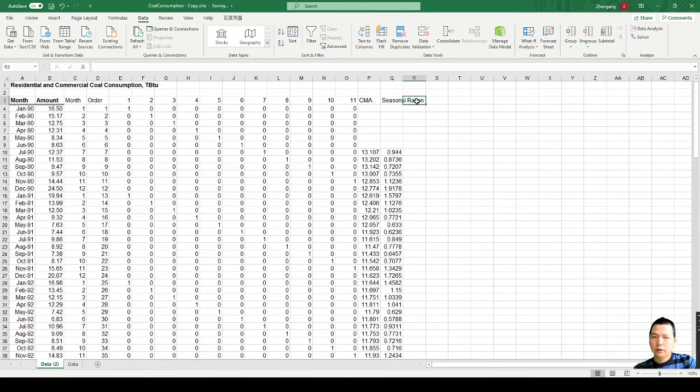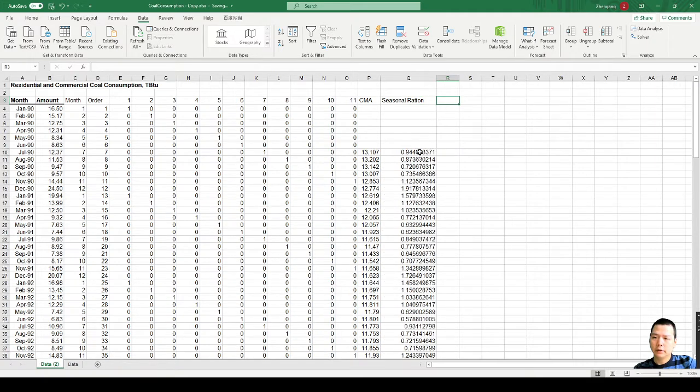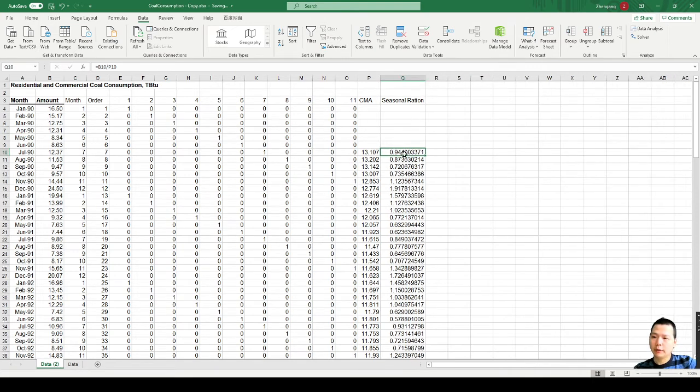The third step is the seasonal index. We want to calculate the difference between the months and the entire year, on average.